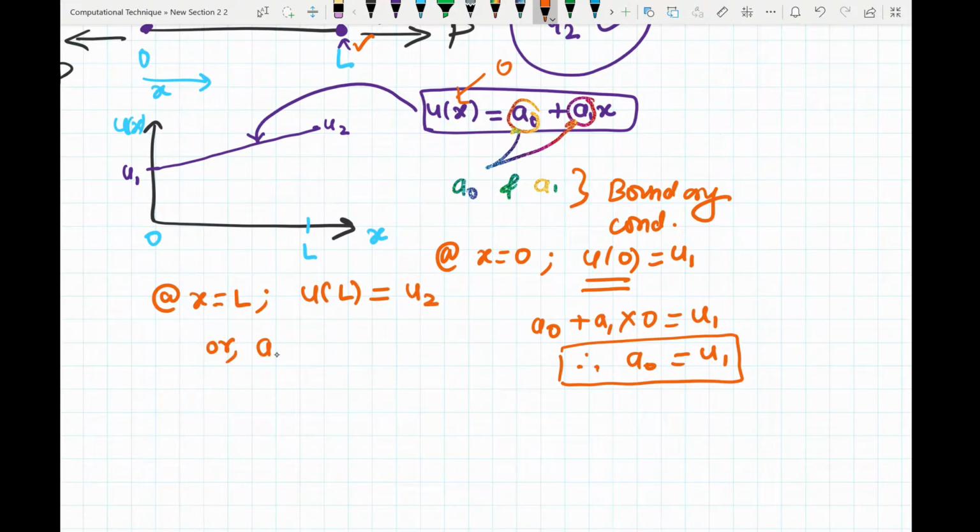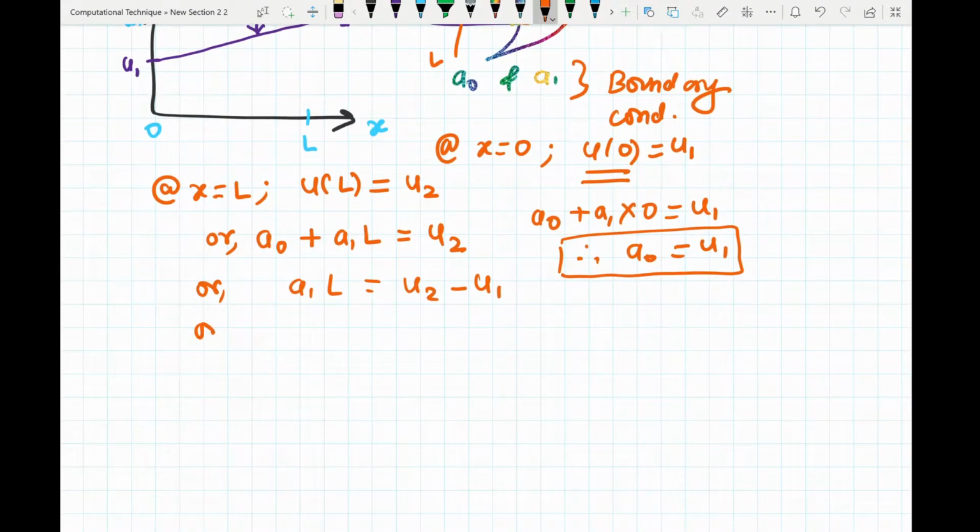Now you can write this as a0 plus a1 L equals u2 when you substitute L here. Now here you'll get a1 L equals u2 minus a0. Your a0 is u1, so you'll have your a1 as (u2 minus u1) divided by L.